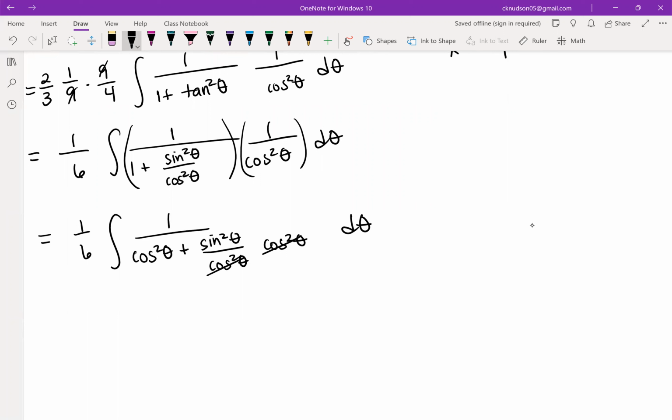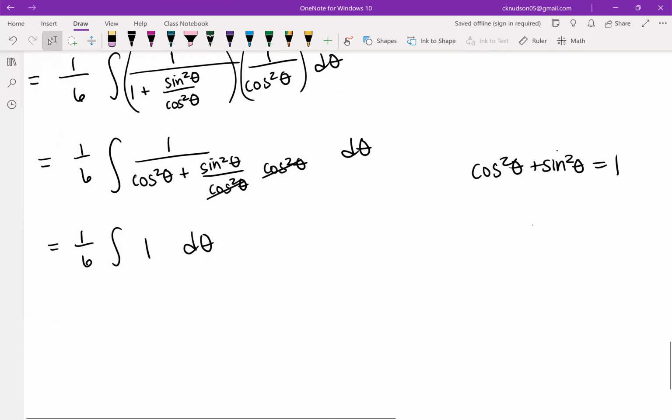So that just leaves cosine squared plus sine squared, but cosine squared plus sine squared is 1. So we can replace the whole denominator with 1. So we have 1/6, 1 over 1 d theta, or in other words, just the integral of 1 d theta. So this leaves a super simple integration. The integral of 1 d theta is theta, and then we throw in our constant.